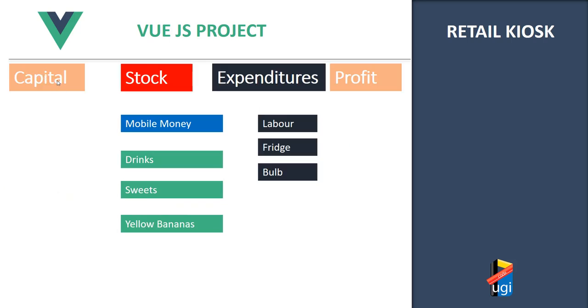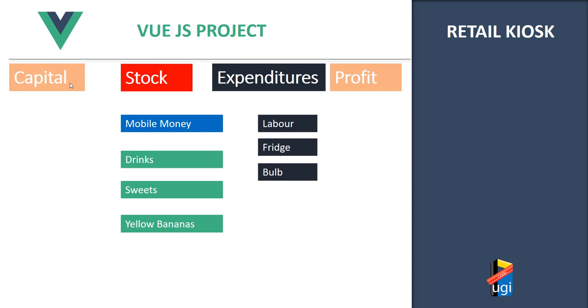Now, when you have capital, that is the amount that you have to input into the business. And then stock. Now, stock capital is the amount that you've used to enhance your business as working capital. Now, stock is deducted from the capital.